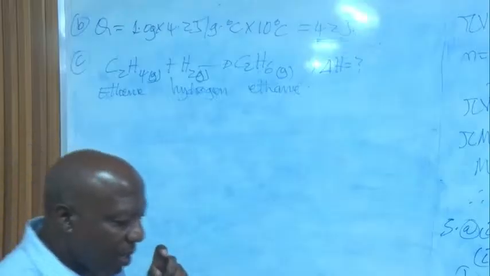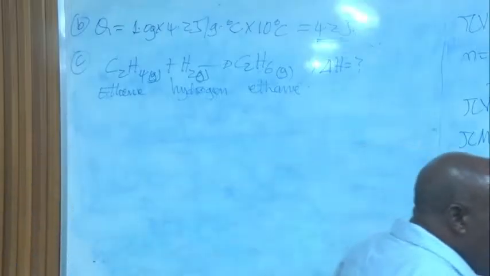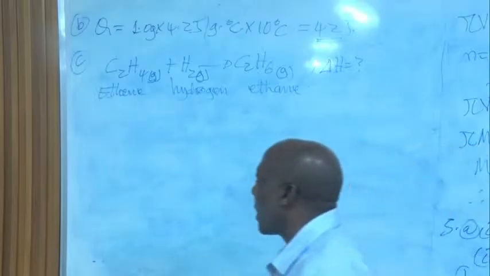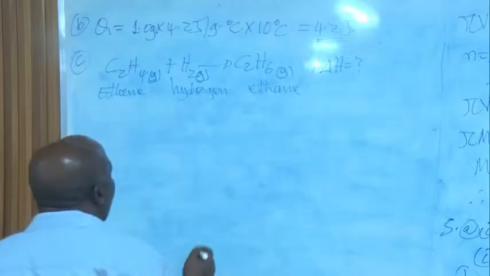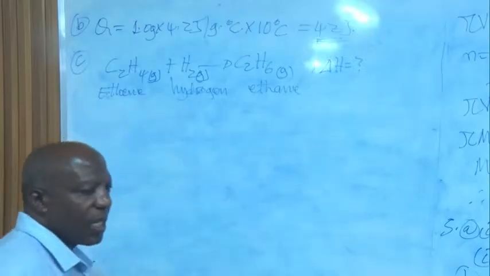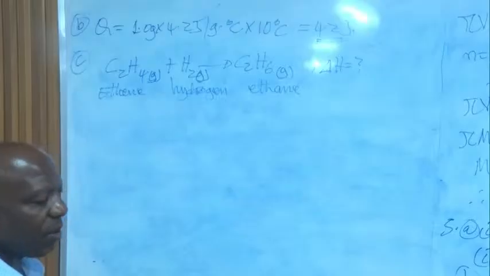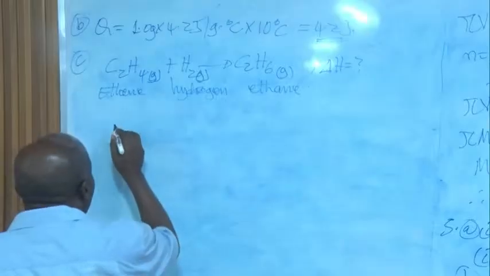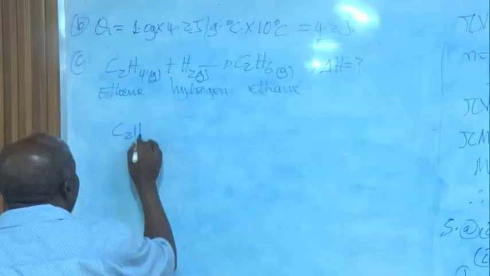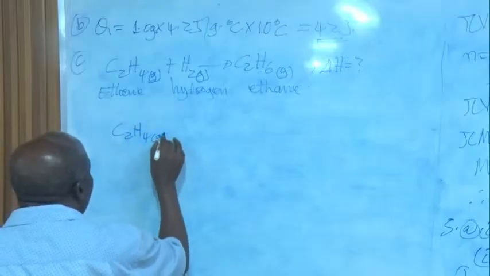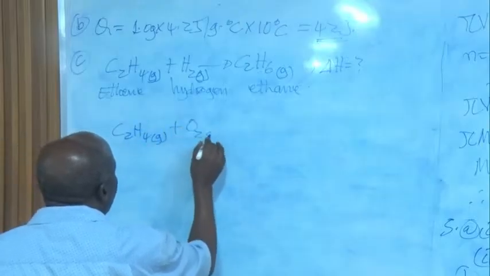And normally, combustion is an exothermic process. So during combustion, heat energy normally is given out. To write this, first we have to write the equations for the combustion of the three materials. The first one is the combustion of ethene gas plus oxygen gas.